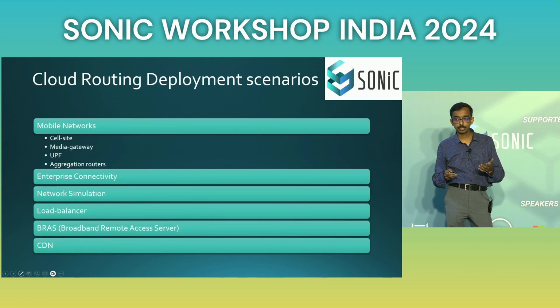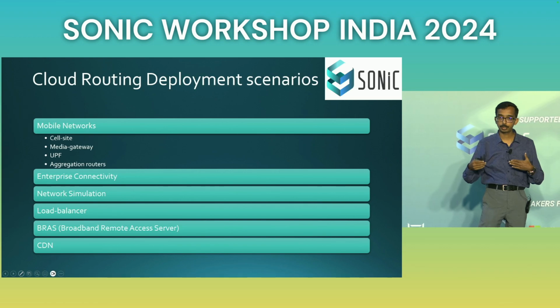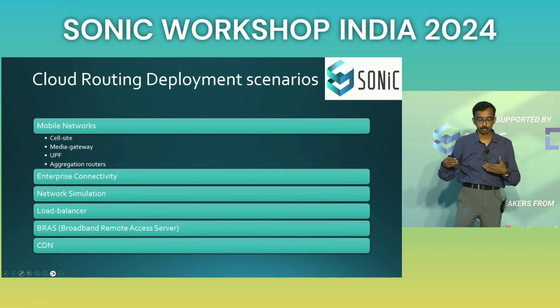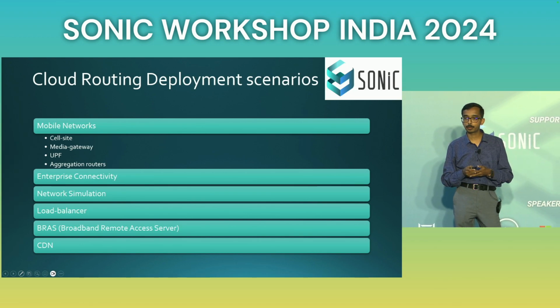Last year we were here to present the first one in this, that is the virtual cell site router. Going forward, we found this getting applied and expanded into much wider areas. Within the mobile network itself, we are trying to have SONiC based networking in the media gateway, UPF, and in the aggregation router scenarios, where sometimes we are even talking about having a dedicated server for the networking requirements.